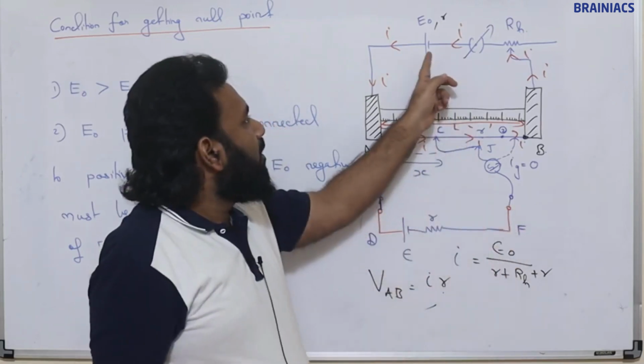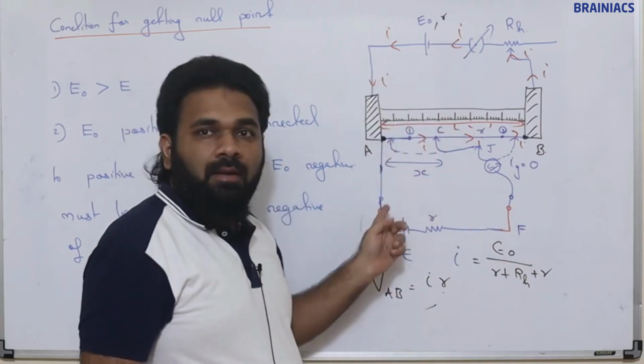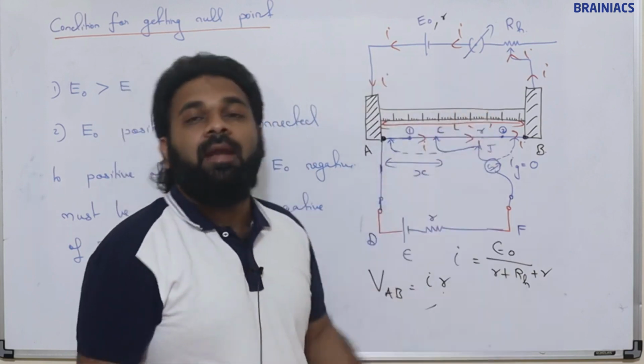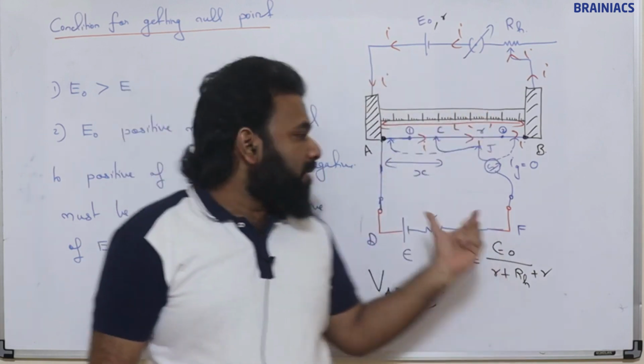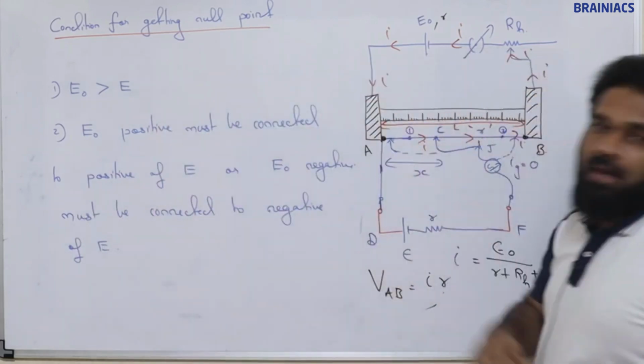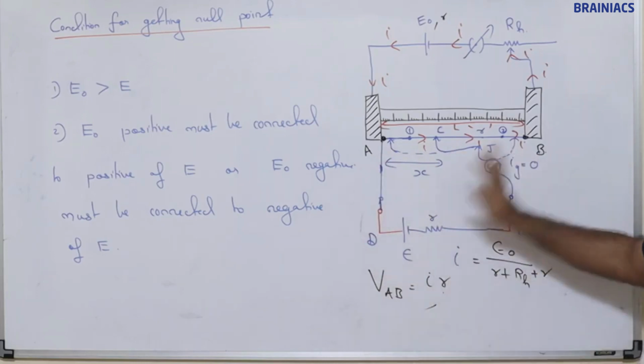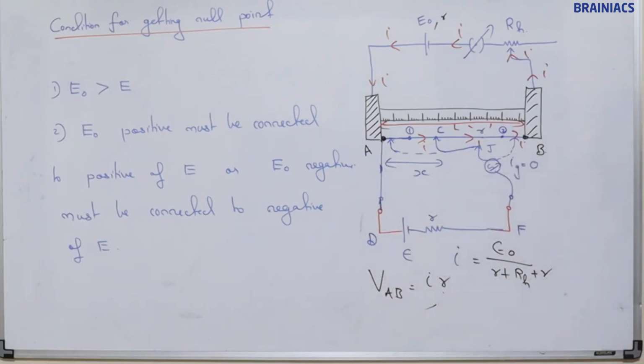If they are plus minus, still to one side it will be aiding current. So they must be connected with opposite polarity. These two conditions are a must in order to get a null point. If these conditions are not met, we won't get a null point. Important points.